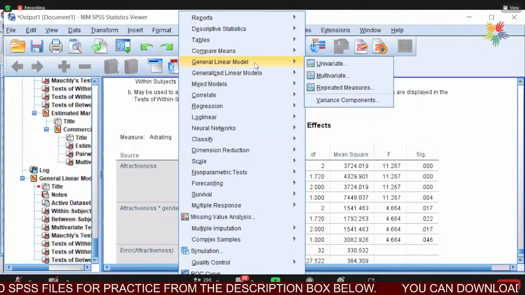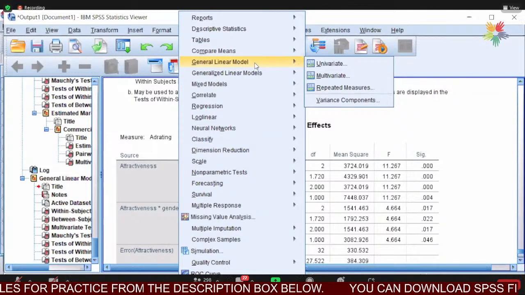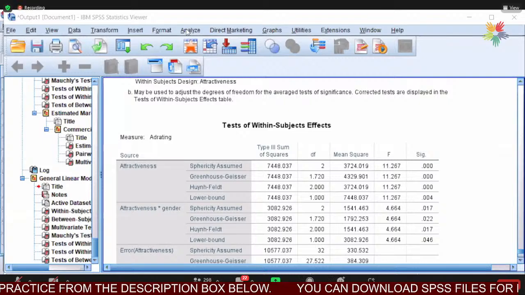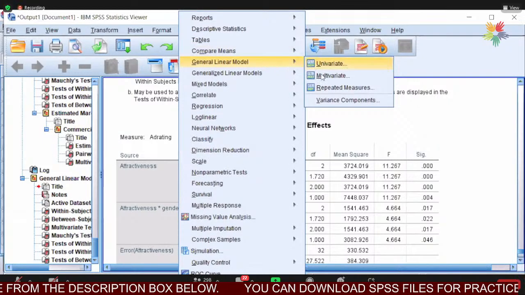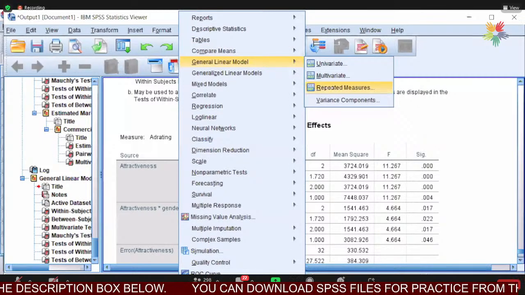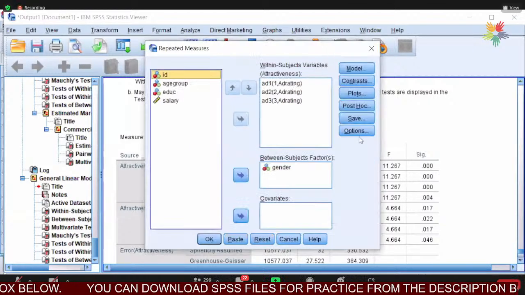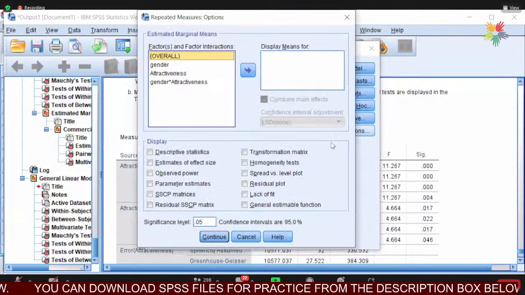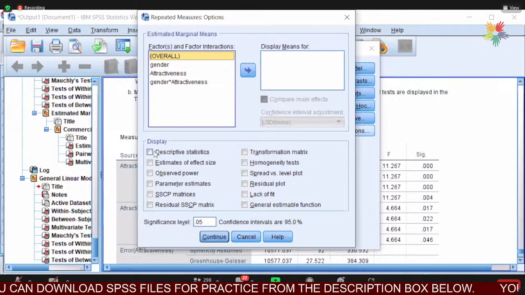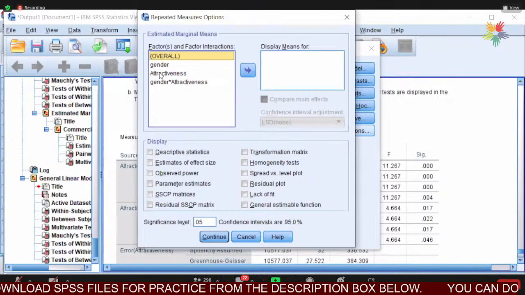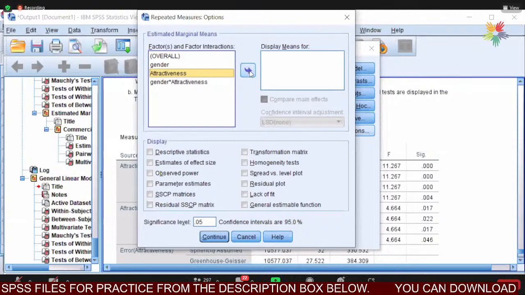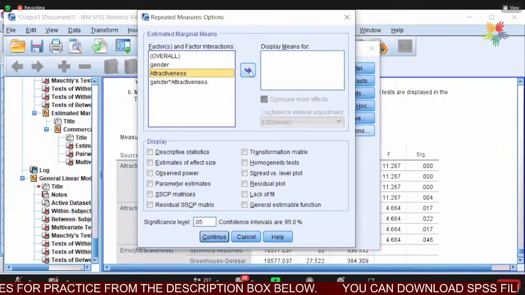General linear model, repeated measures ANOVA. Okay, defined in the options. So this we will put first, attractiveness, right?